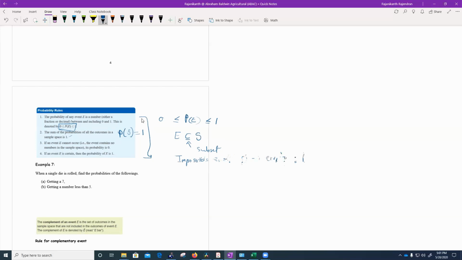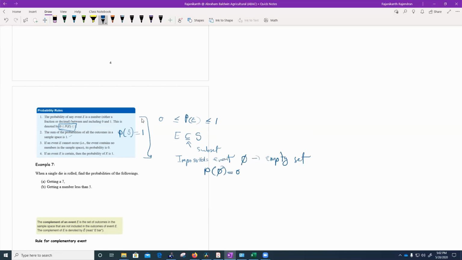So the impossible event is always going to be the empty set, and the probability of the empty set is always 0.